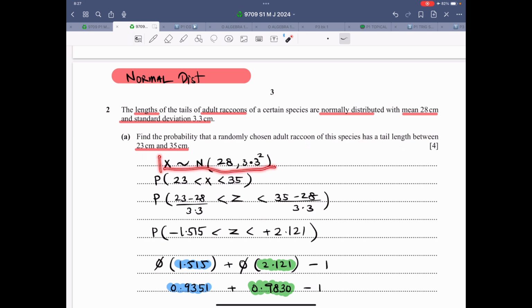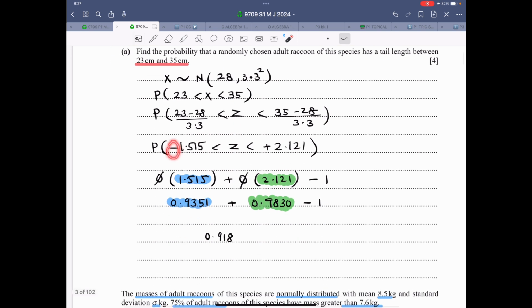First of all, identify the distribution. X follows normal distribution. There goes the mean, there goes the variance. X lies between 23 and 35. Standardize, work in 4SF. And then one z value is negative, one z value is positive. So the way that I've taught, this is rule number 7.